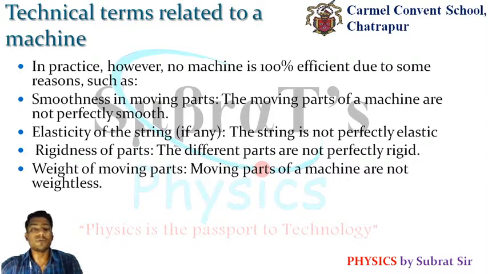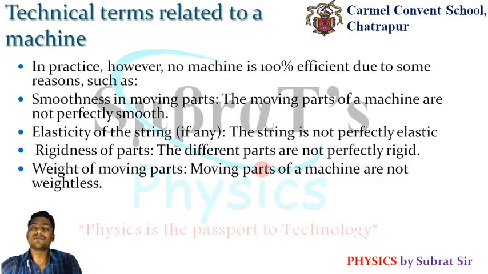Smoothness of moving parts: the moving parts of a machine are not perfectly smooth, which reduces the working capacity or efficiency of the machine. Then elasticity of a string: the string is not perfectly elastic, so it will consume some energy.